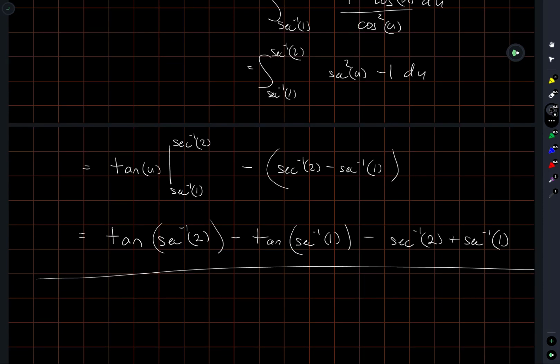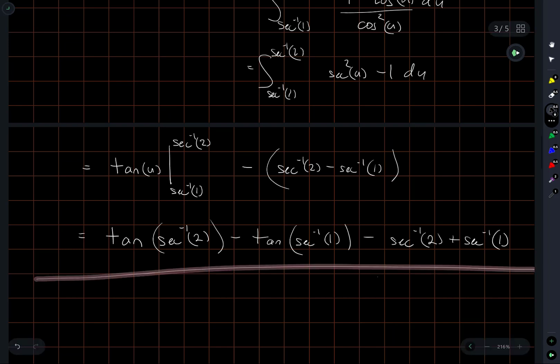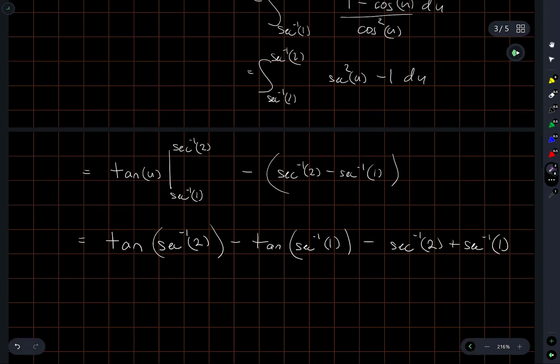Because I'm going to have the tangent of secant inverse. And I could just derive what the derivative of secant inverse is, but it's looking like I would need some other identities and so on.